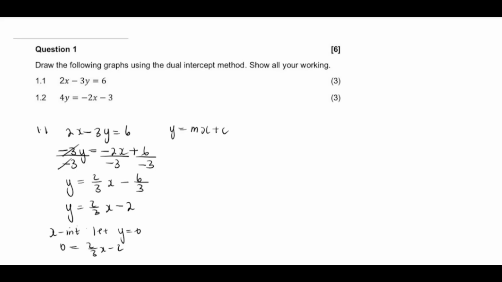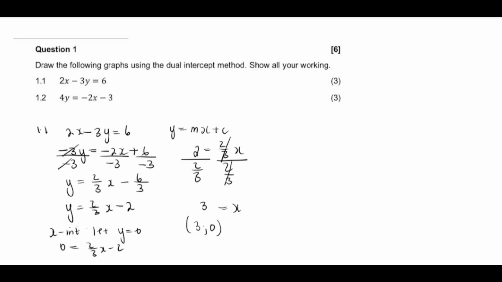We move the minus 2 to the other side so that we have 2 is equal to 2 over 3x. And we divide both sides by 2 over 3 so that we are left with x only. 2 over 3 cancels here and we are left with x is equal to 3. That means our x-intercept is 3, 0.